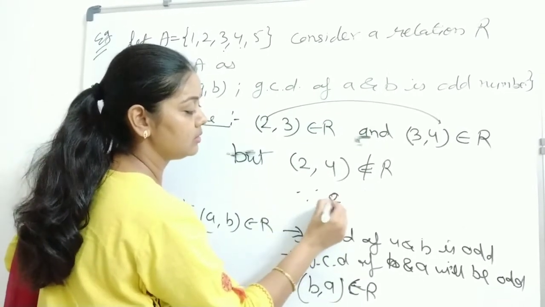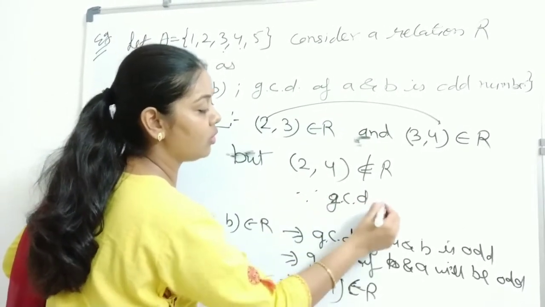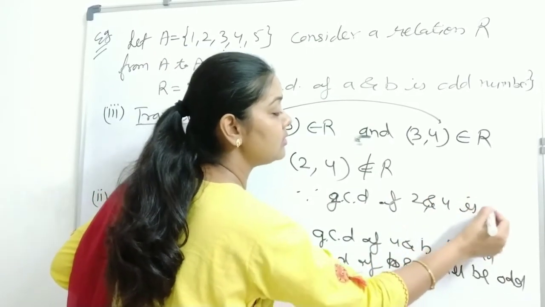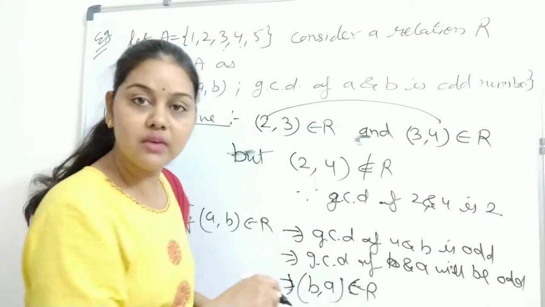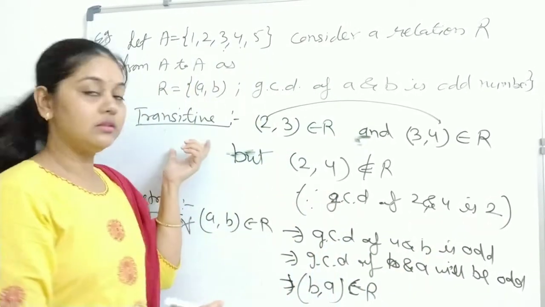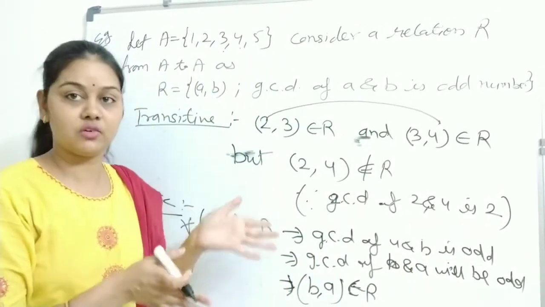Because the greatest common divisor of 2 and 4 is 2. That is even, that is not odd. Hence, this given relation is not transitive.